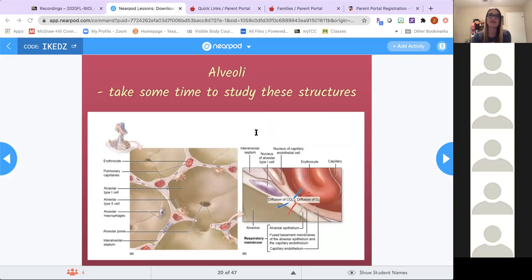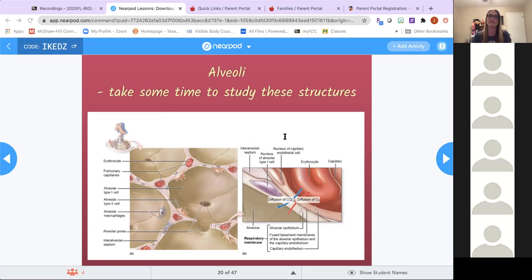Okay, so when you look at the structure of the alveoli a little closer, you can see several different types of cells. Cells that are going to make up the walls of the alveolus are known as alveolar type 1 cells. There are also alveolar type 2 cells. These alveolar type 2 cells are cuboidal cells. They don't quite look like that on the picture, but they're actually considered cuboidal cells, and these produce surfactants.